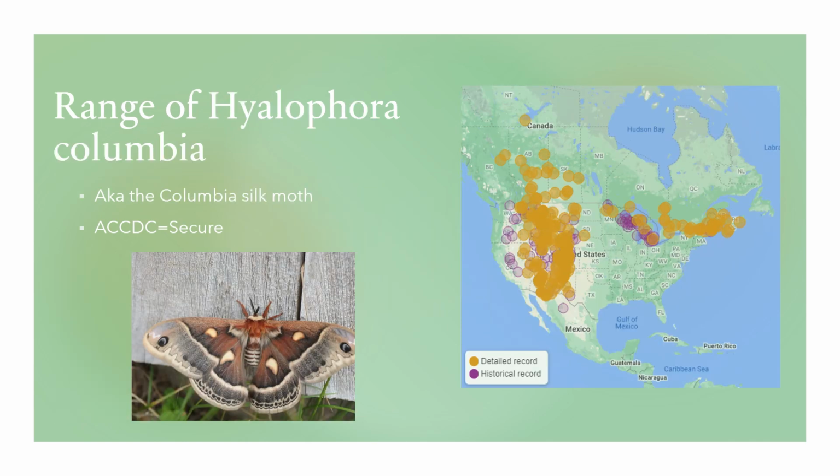For my second example, we have the Columbia silk moth. And I should probably tell you what the ACCDC is first of all. It's the Atlantic Canada Conservation Data Centre, which basically just tells you if a species is secure or endangered or threatened. So this guy is also considered secure in PEI, I looked it up.